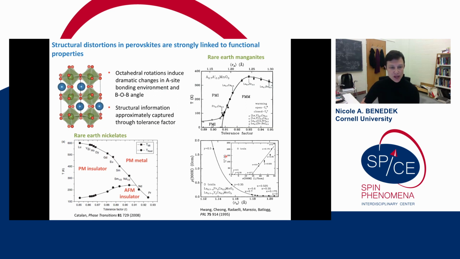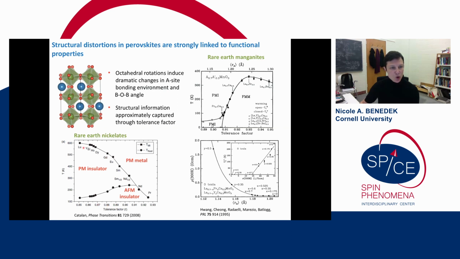So the rare earth nickelates undergo both metal-insulator and magnetic ordering transitions. They vary from being paramagnetic metals to antiferromagnetic insulators to paramagnetic insulators as a function of tolerance factor. So the tolerance factor there is tracking the magnitude of the octahedral rotation distortion.